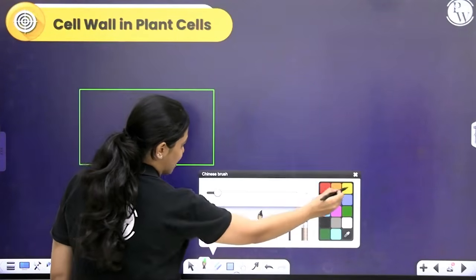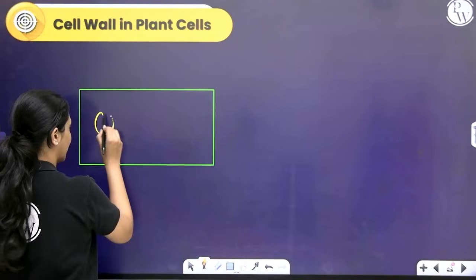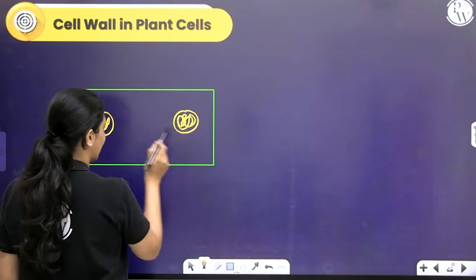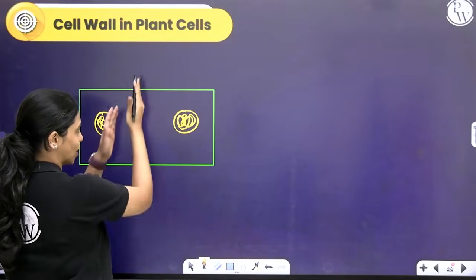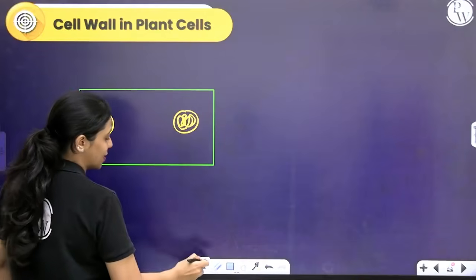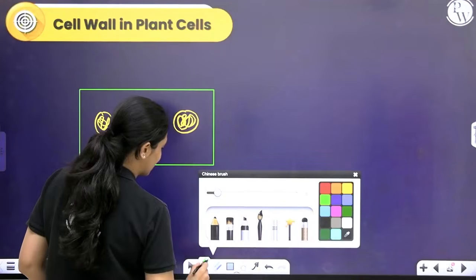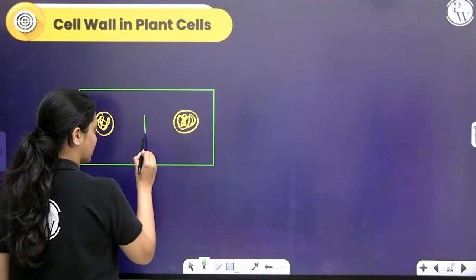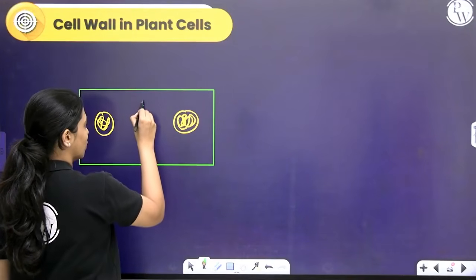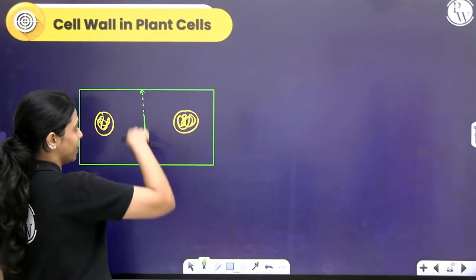This plant has its nucleus and genetic material. Let's say this cell decided to undergo cell division. It has made an extra copy of its nucleus. Now this cell cytoplasm has to divide. When the cell cytoplasm has to divide, something called a cell plate will form. Okay, it starts forming in the center and it will continue towards the periphery.